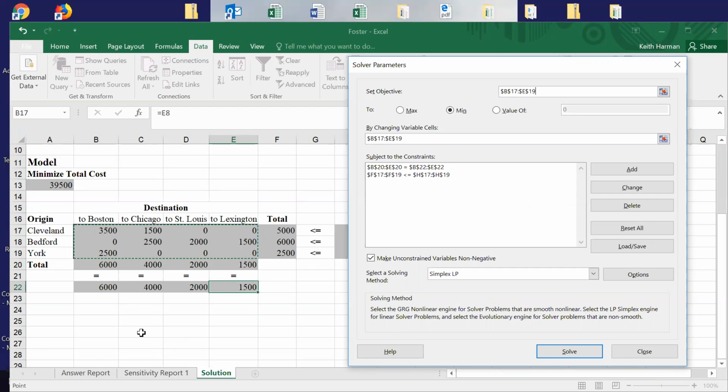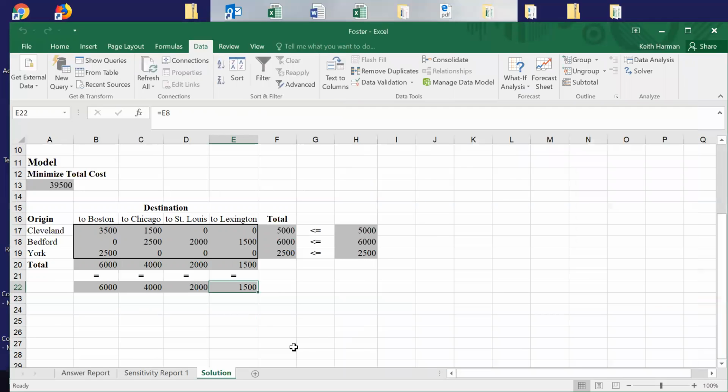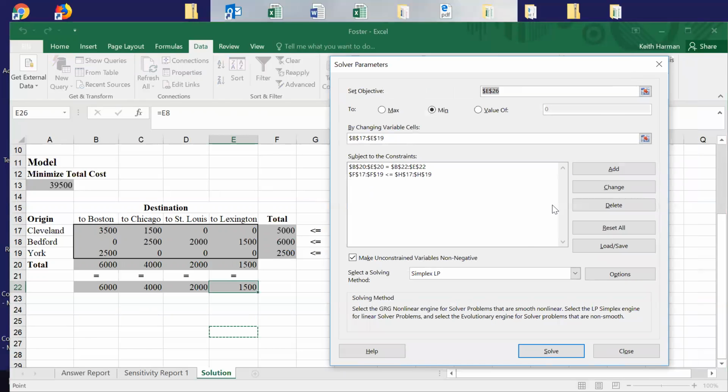We've got these destinations, and I'll call it back up here. Now, we're trying to balance these loads so that we keep our costs down. Okay.